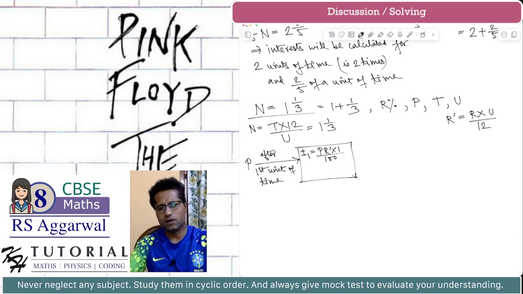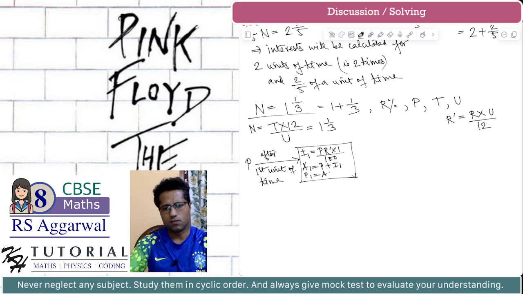So after 1 unit of time, the interest will be I1 equals to P R dash into 1 into 1. Why 1? Because this interest is being calculated after 1 complete unit of time. And we have A1 is equal to P plus I1 and P1 is equal to A1.